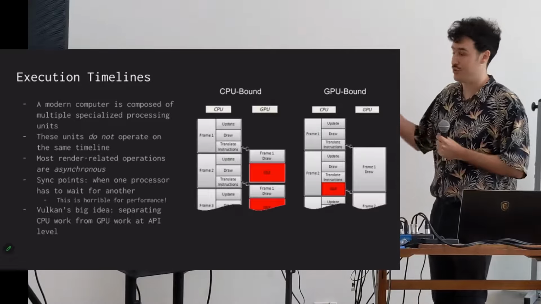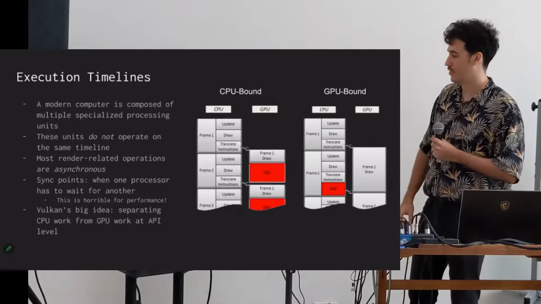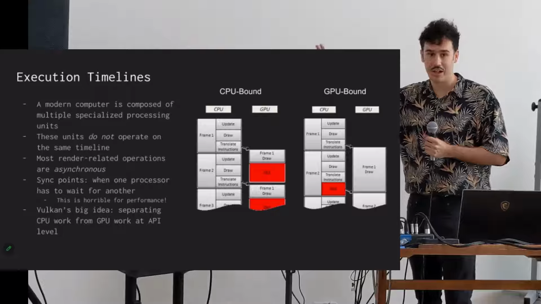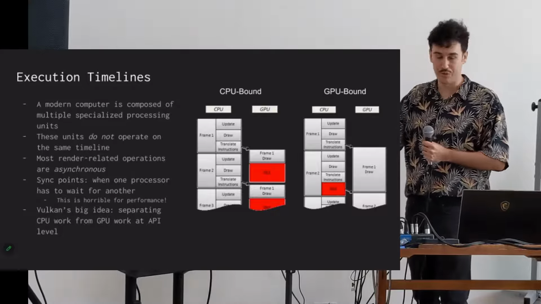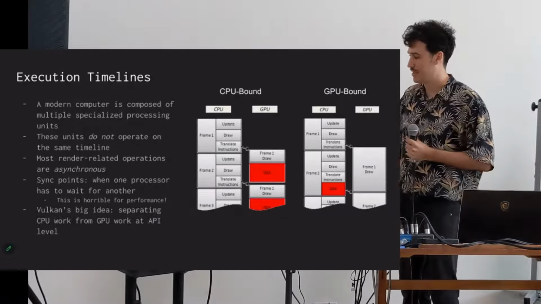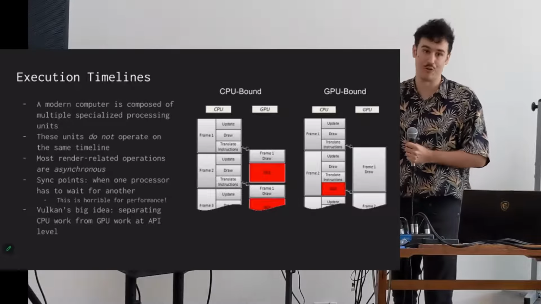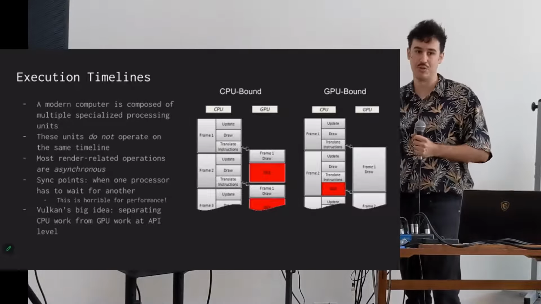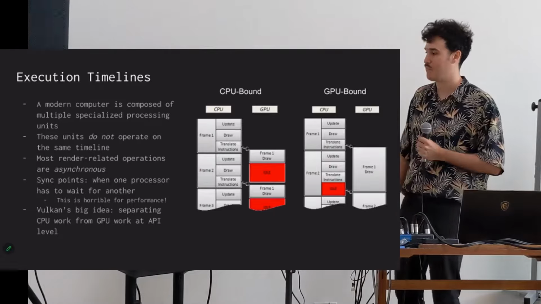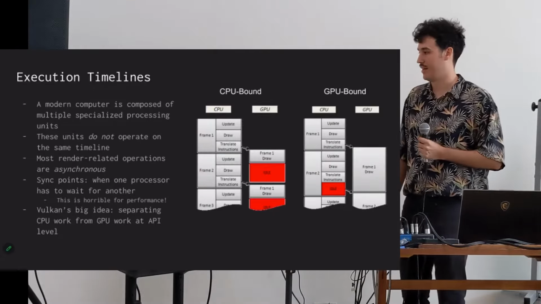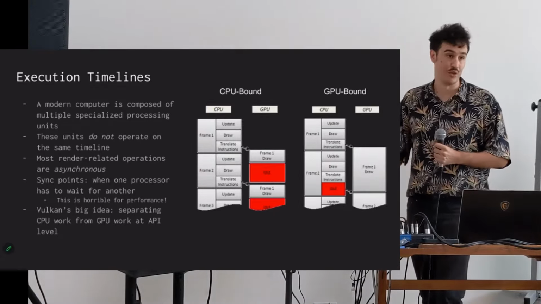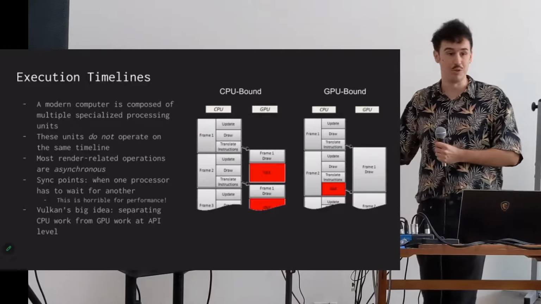And then conversely, we have GPU-bound code. If the GPU is taking a really long time to execute these rendering functions, that means that the CPU is just sitting there for a while until the GPU finishes doing a frame. That's when the GPU has significantly more work to do than the CPU. That means that you are GPU bound.